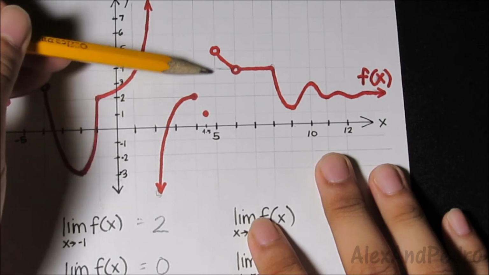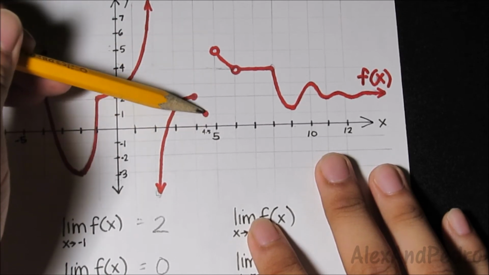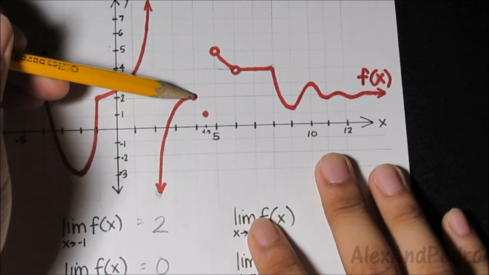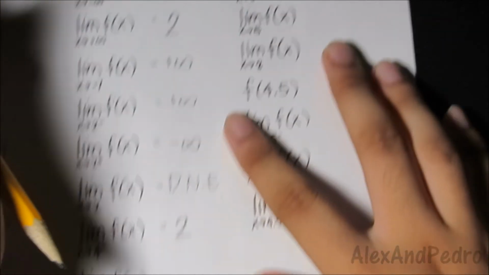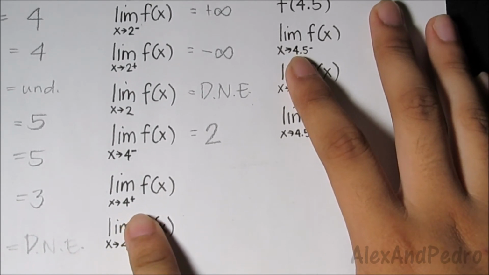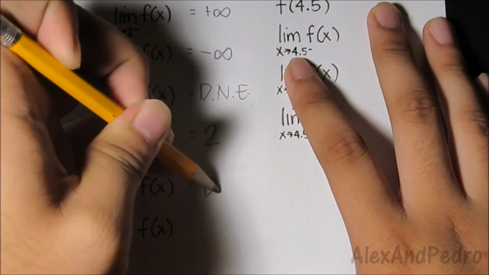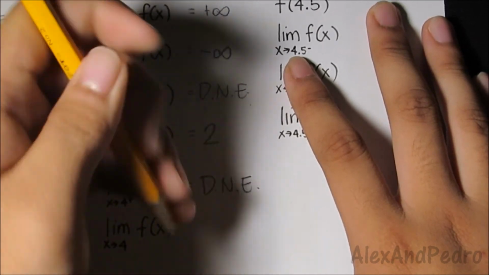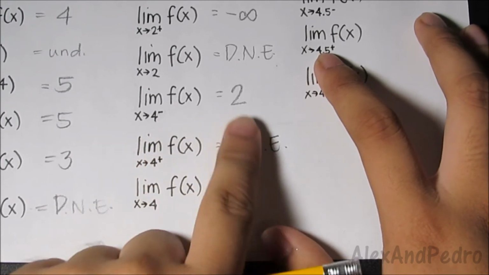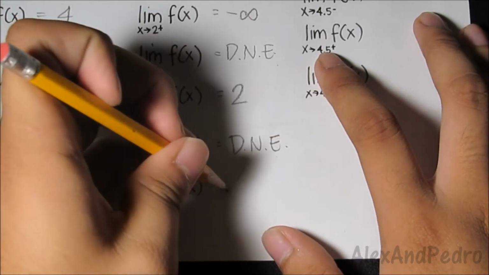We can't do that because there's no function. Can you see there's big space here? Except for this point. You can't approach from the right if there's empty space here. So the limit of f of x as x approaches 4 from the right does not exist. It's undefined, so it does not exist. So here, from the left it's 2, from the right it does not exist. So of course the general limit does not exist as well.